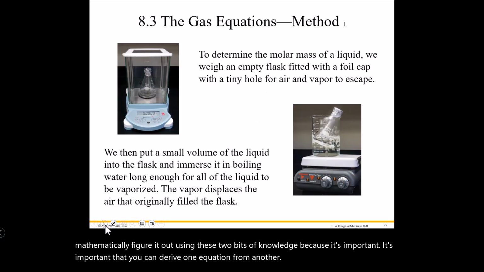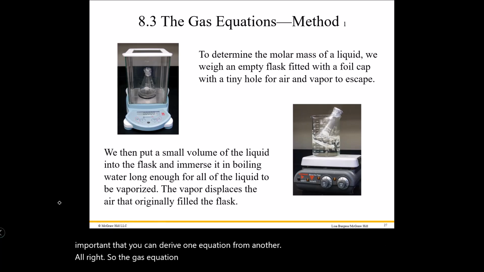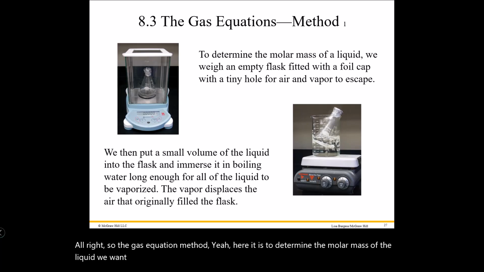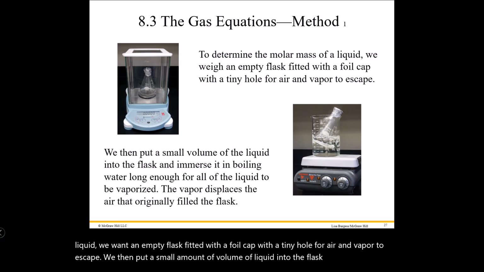All right, so the gas equation method, here it is. To determine the molar mass of a liquid, we weigh an empty flask fitted with a foil cap with a tiny hole for air and vapor to escape. We then put a small volume of liquid into the flask. We heat it up, and all the liquid in the flask vaporizes.